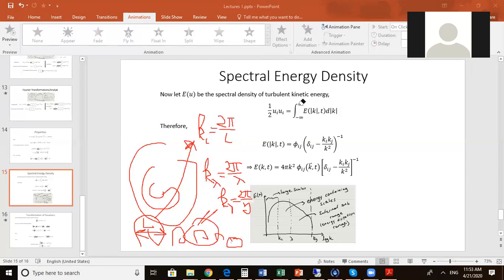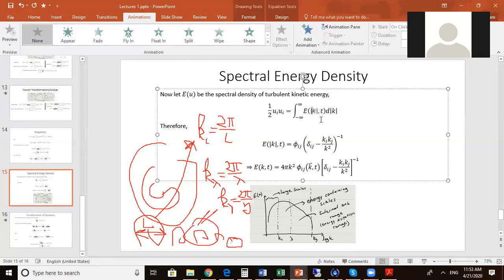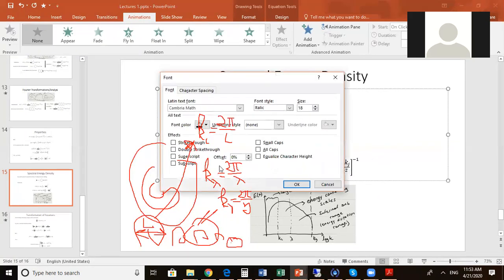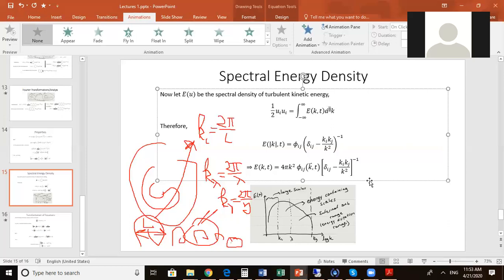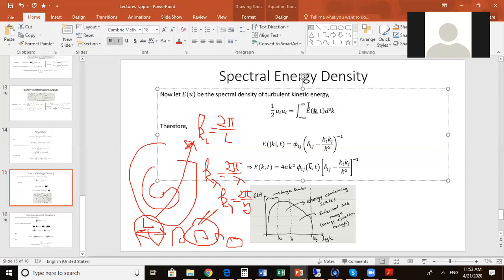In reality, it should be like this. And here it will actually be a function of the vector k.